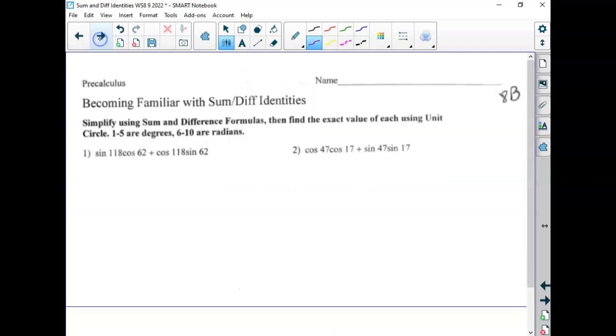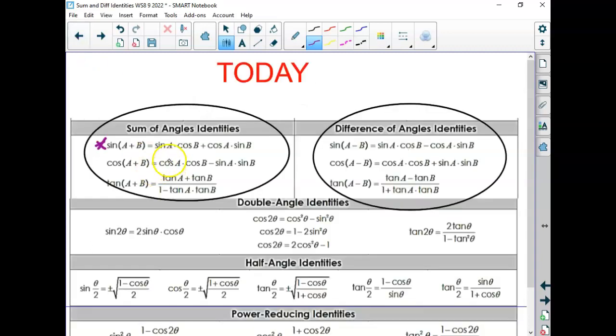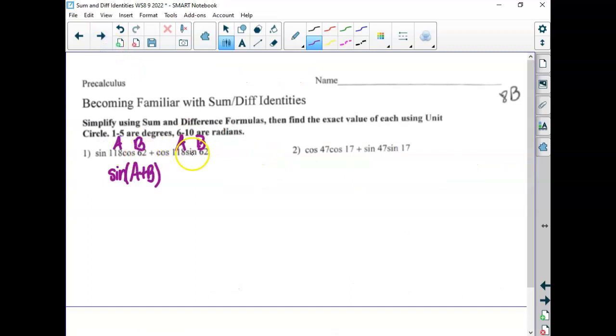So this is the sine of A plus B because that's the formula that's given. But what are A and B? It said sine of A cosine of B plus cosine of A sine of B. Is that what the reference said here? Okay. So therefore, A is what?